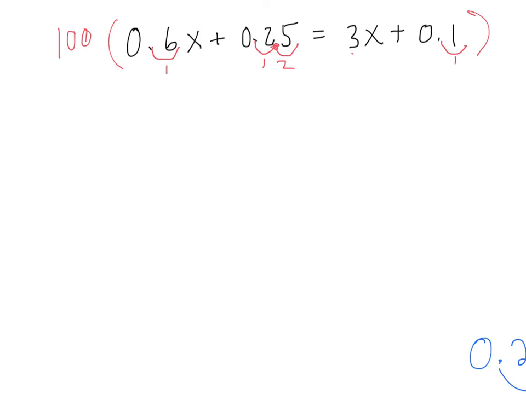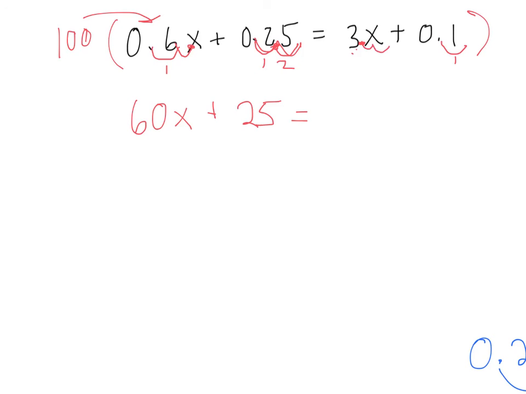Now that means I have to move every decimal twice. So for the first one, when I do 100 times 0.6, I'm going to have to move it 1 extra time, and that's actually going to give me 60x plus, now I have my 0.25, I already moved it twice, so that's going to be 25. Now 3x, I still have to multiply that by 100, so my decimal point's right there.